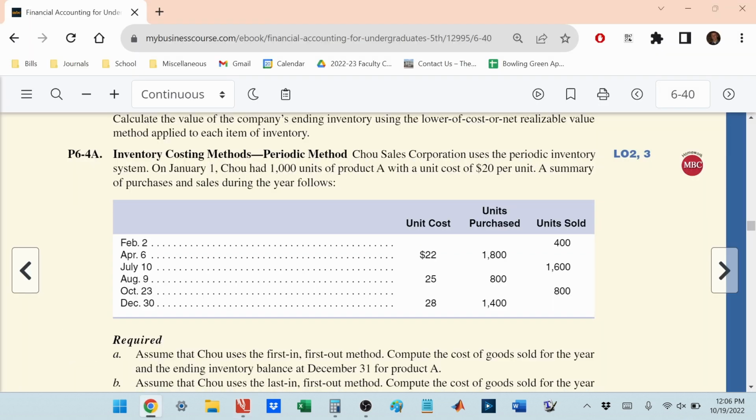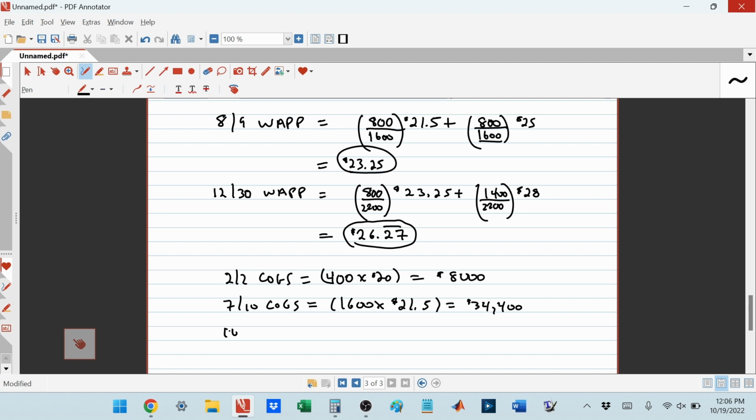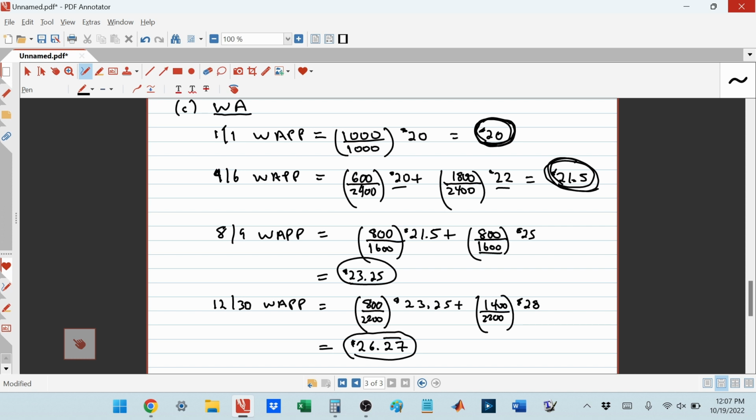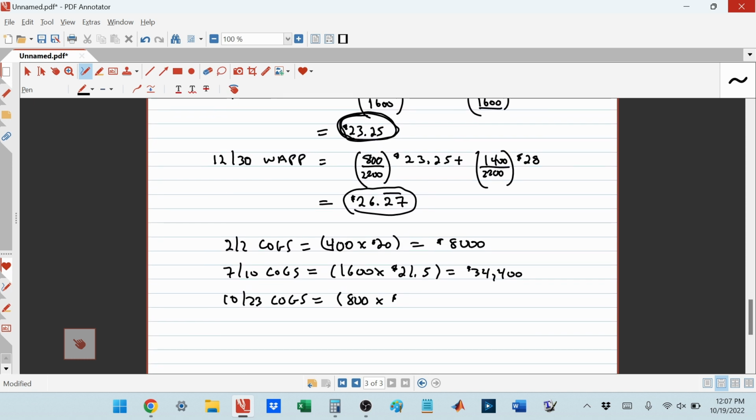What about the 800 we sold on October 23rd? What COGS would we assign to those units? Well, as of October 23rd, what's the most recent weighted average purchase price? It's this one. So we would assume that each of these 800 we sold on October 23rd were purchased for $23.25 when we originally bought them.